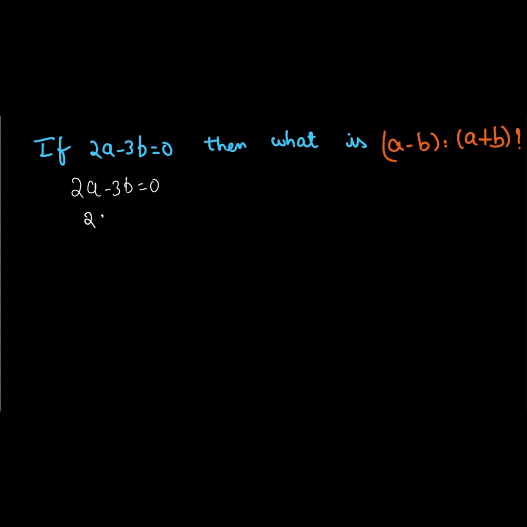So 2a equals positive 3b plus 0, that's nothing but 3b. Now we have to arrange all variables a and b together. If I send b to the other side, it's going to be the denominator of a, and in the same way, if you send 2 to the other side, it's the denominator of 3. So now it is in ratio form.